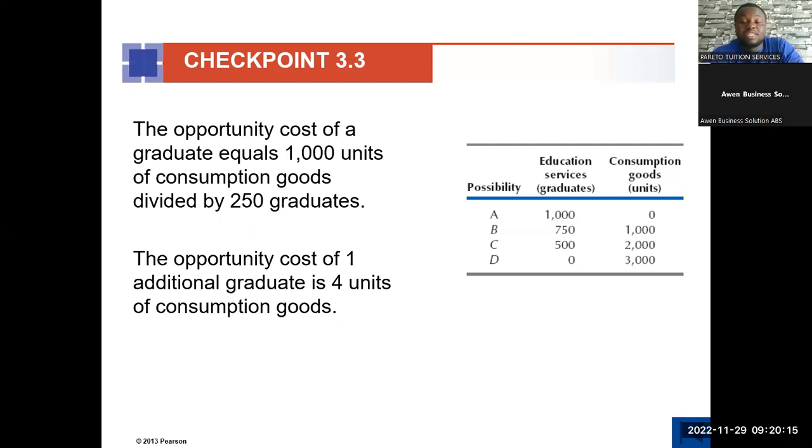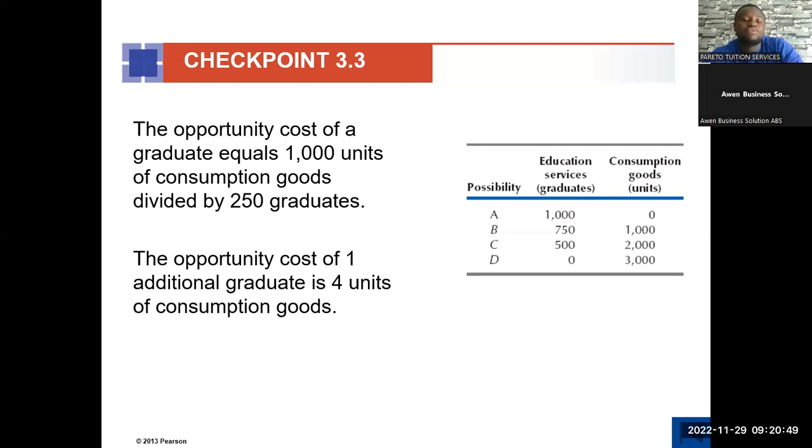So this is what actually causes economic growth. You see that educational service is a capital good. Remember, we said we have economic growth when there's an increase in the level of technology, an increase in the quality of labor. So whilst people are undergoing education and training, we are getting more quality labor. This is what is going to help cause economic growth.